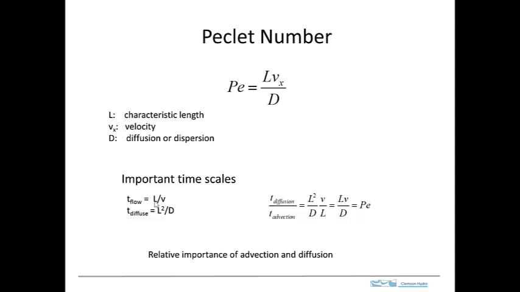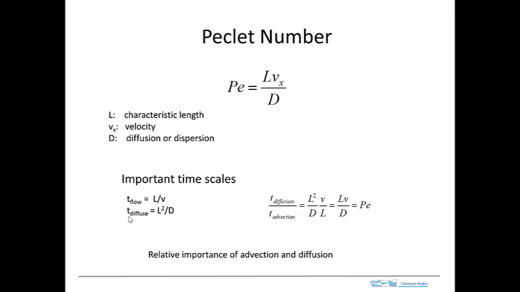And so it's that length divided by the velocity of the flow. So this has units of time, and you can think of this as the time that it would take for a particle to travel a distance L in a flow V. Okay, so it has pretty clear meaning.